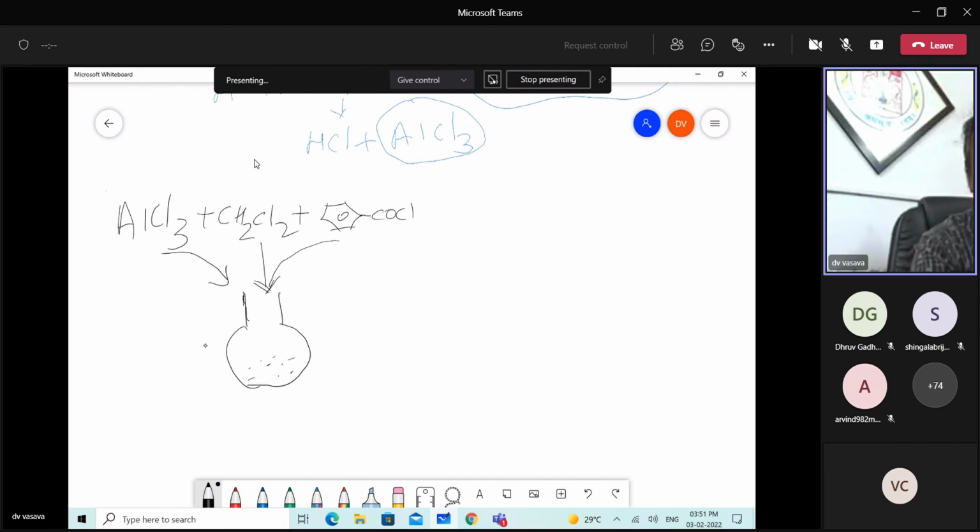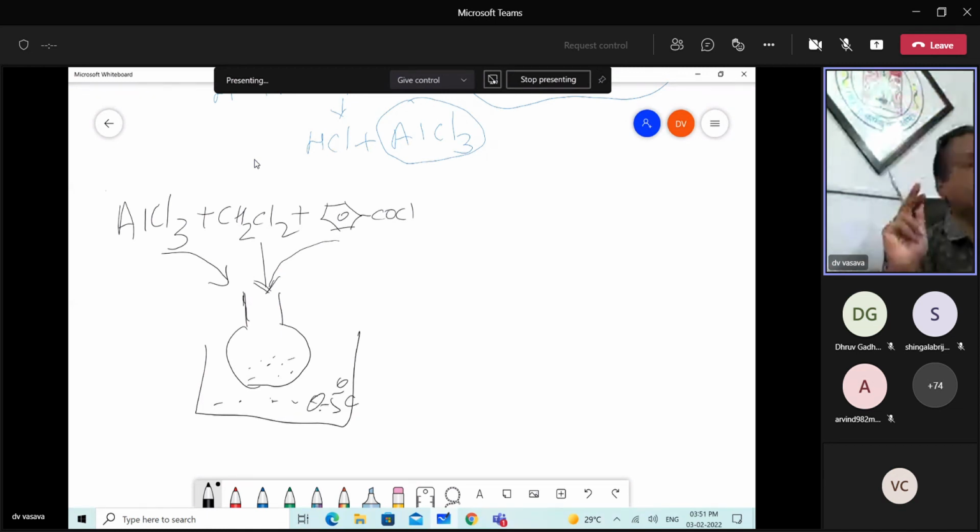Put this in an ice bath at 0 to 5 degrees Celsius, because benzoyl chloride is very reactive and this reaction is highly exothermic. In one source it is also written that you may take CCl4 as a solvent. CCl4 can be taken as a solvent.